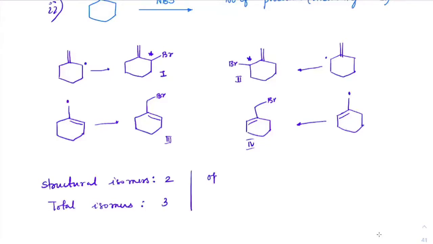Optically active, how many? Optically active, only 2. Sir, total isomers 4, no sir? How come 4? Sir, the first 2 cases are the same, no sir?